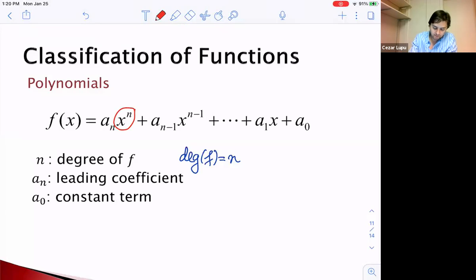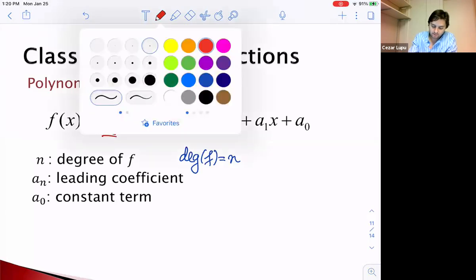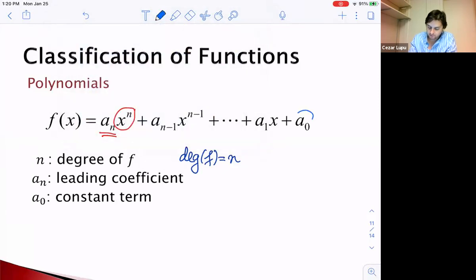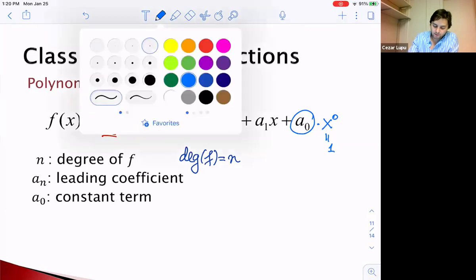But we will also have the constant term, which is a_0, the coefficient of x to the power 0, which is 1. So that's what we call the constant term. So this is what a polynomial is.